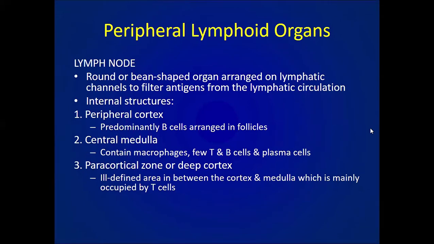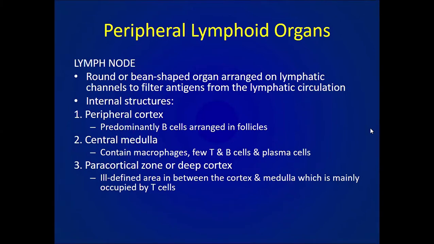The cortical layer is made up predominantly of B cells. The medulla contains macrophages and a few T and B cells and plasma cells. Basically, the medulla has macrophages, but there are still some B and T cells.